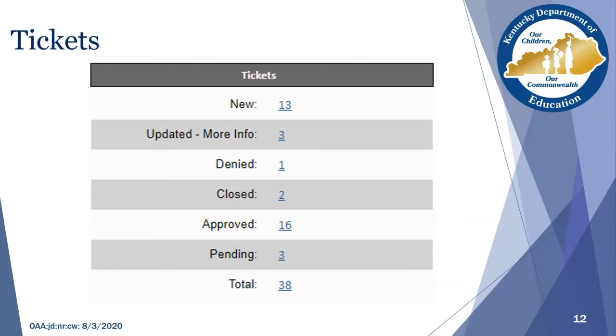And then the last one will be total tickets. That is the total amount of tickets that have been submitted as a DAC. You'll be able to see that for your whole district. And as for the school, you'll be able to see that for those individual schools if you're a school level user in SDRR.